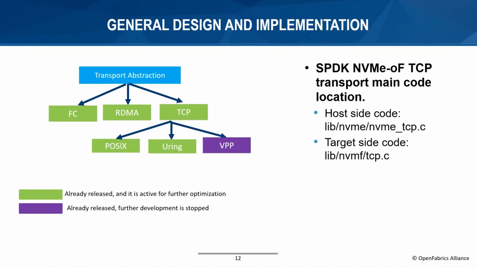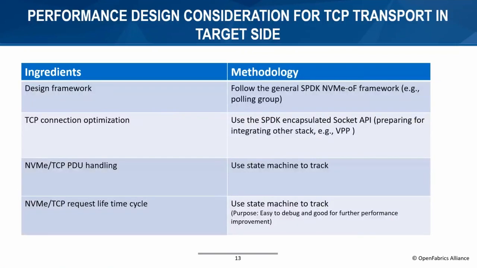So next page, please. This page just shows the performance design considerations for the TCP transport. I think it is similar to the general SPDK NVMe over Fabrics target design. But what I want to emphasize is that currently we use the kernel TCP/IP stack, but through an encapsulated socket API.